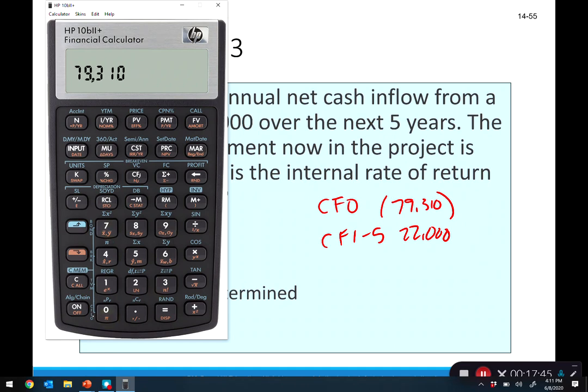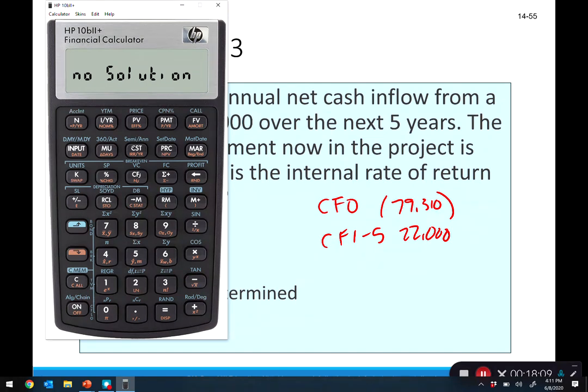Now I should have followed through on my mistake, so I'll do it right now. Let me put in that 79,310 as positive, and then put in 22,000 for cash flow 1, 2, 3, 4, and 5. Now when I hit the IRR button, it says no solution. The reason there's no solution is all the cash flows I entered are positive. It just means I keep getting money. I get money initially, and then I get more money. So there is no internal rate of return.